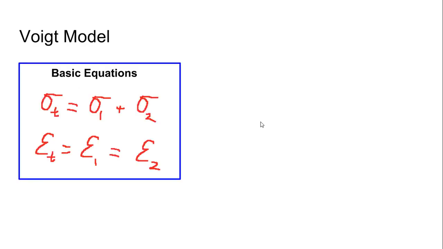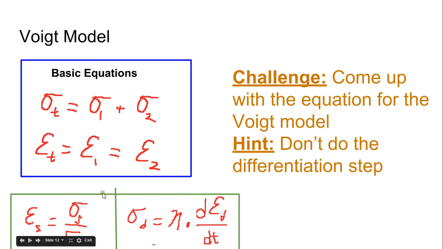All you need to do is a similar thing to what we did initially: find the two components to plug in for stress 1 and stress 2, but you don't need to differentiate. These are going to be the equations that are pertinent. One corresponds to the dashpot, the other to the spring. You're going to rearrange it and just plug it in here.